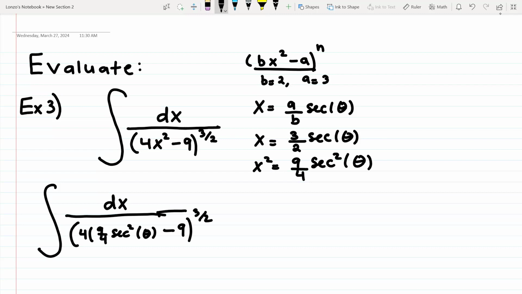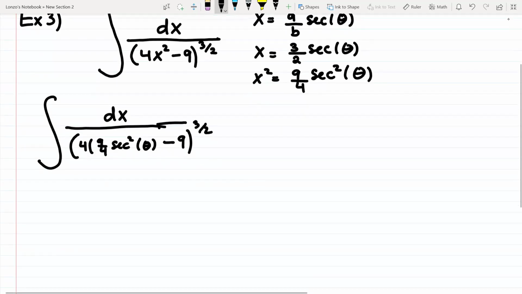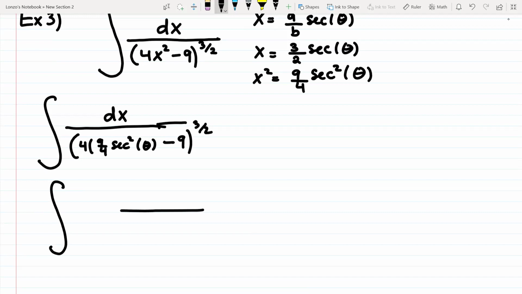So if I clean this up a bit, what can we do? On the parentheses, the 4 cancels, so you're just left with 9 secant squared theta minus 9, all raised to 3 over 2.